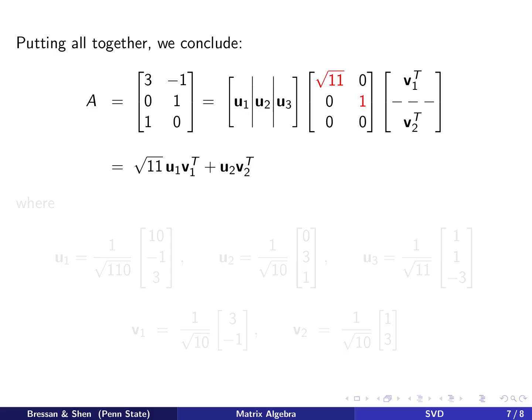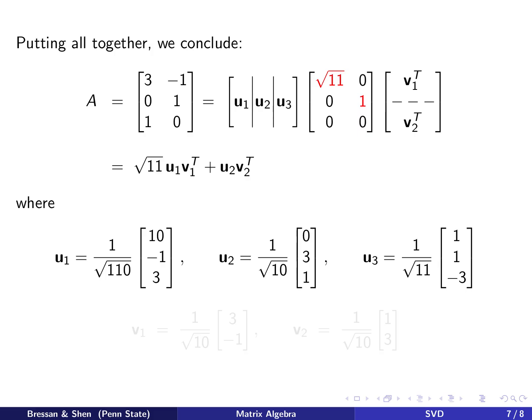And then 1 will be associated with U2 and V2 transpose, like that. Let's make it clear. This is U1, this is U2, and this is U3. And then V1 is this and V2 is this. And all these are taken from previous calculations.